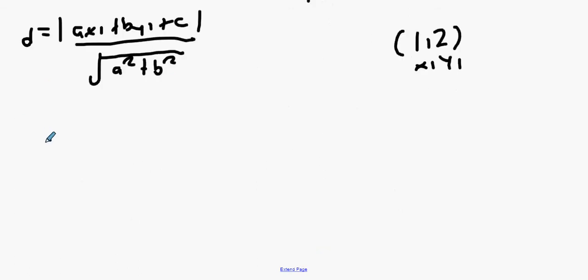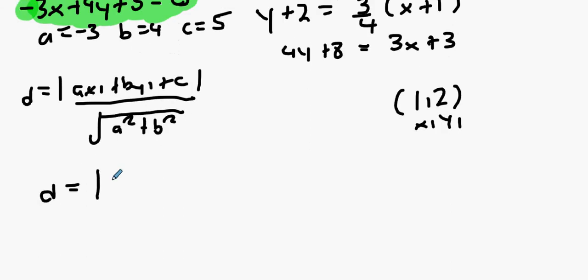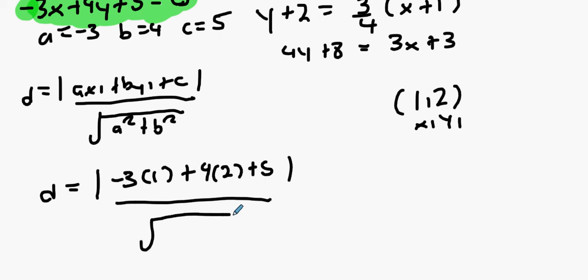Alright, let's drive this through now. So we're going to get -3 times 1, plus 4 times 2, plus 5, all over the square root of -3 squared plus 4 squared.